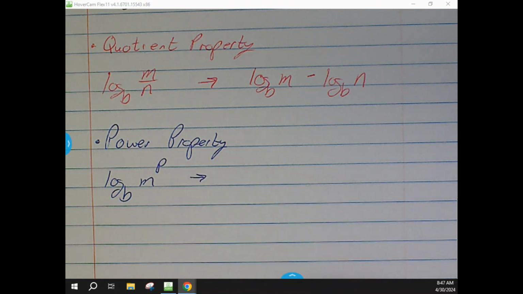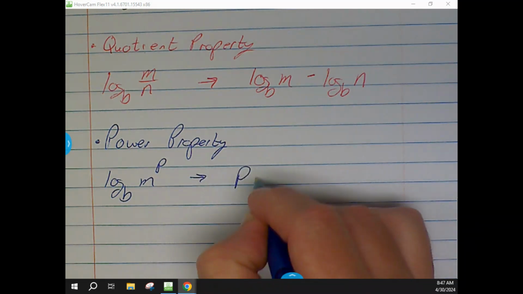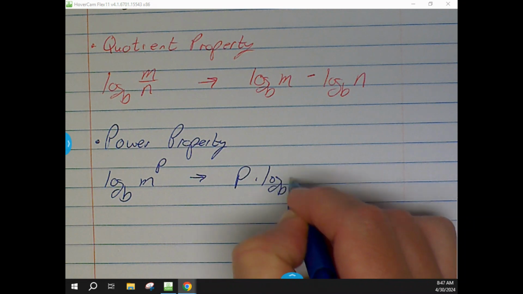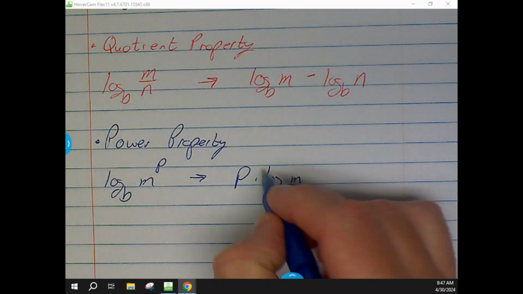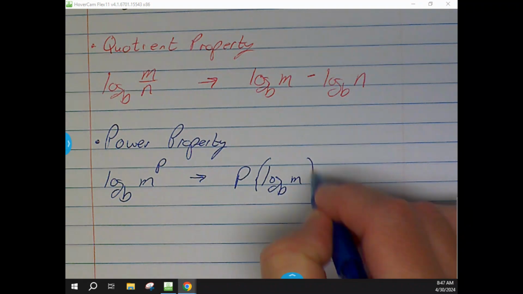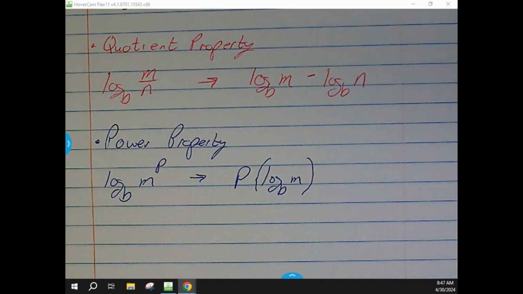You can rewrite it as p times the log of m, and b is still your base. For that one, you can think about it as being in parentheses almost. Okay, so that's the three properties for expansion.